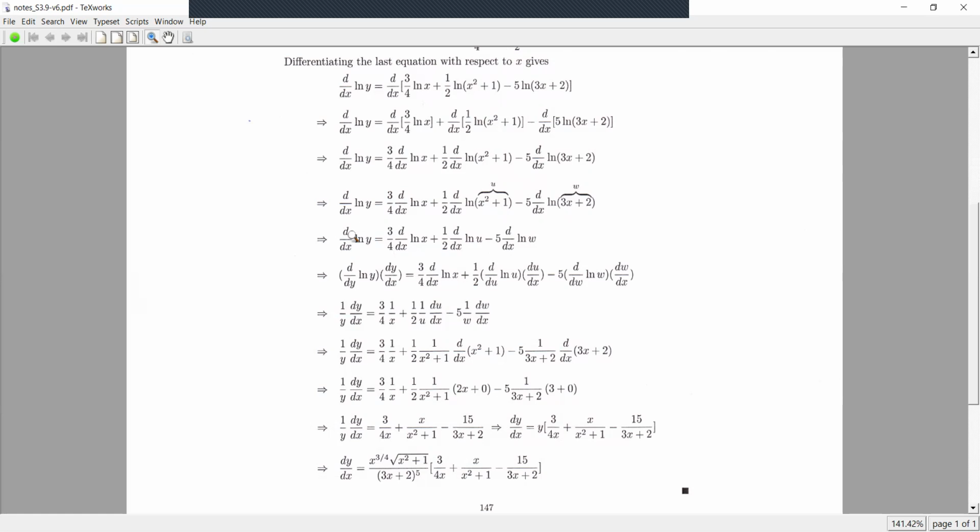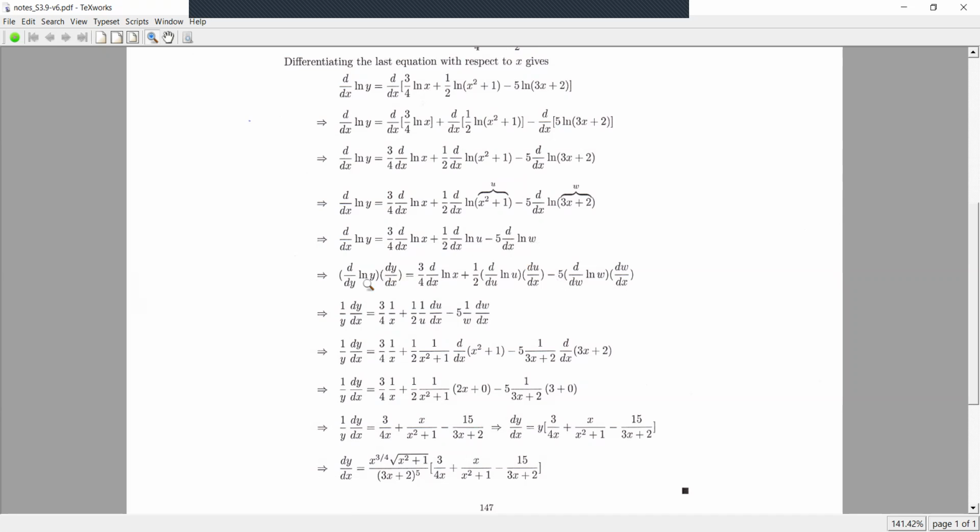For these derivatives, I need the chain rule. Write this derivative as the product of these two derivatives. And write this derivative as the product of these two derivatives. Write this as the product of these two derivatives.